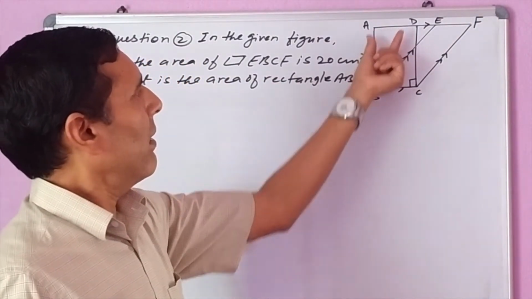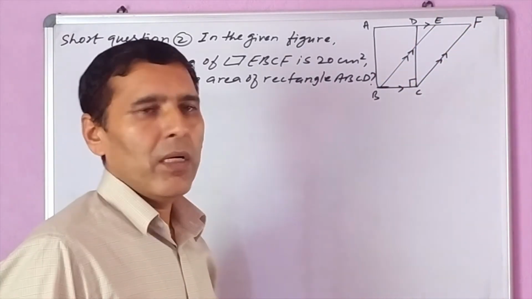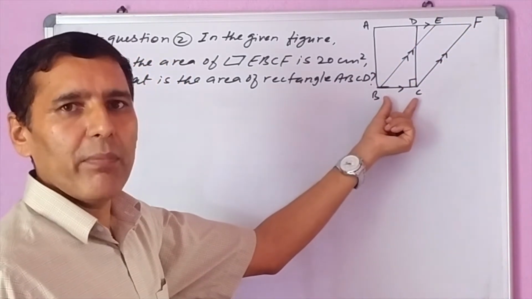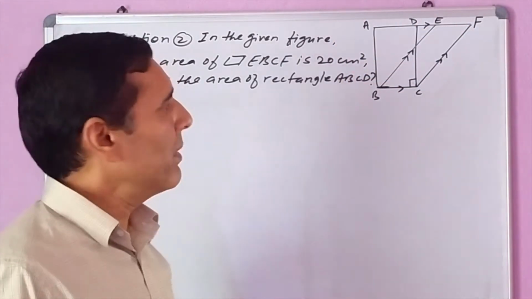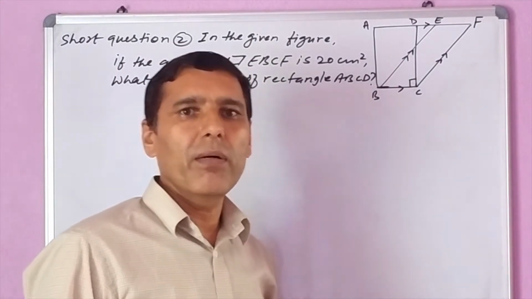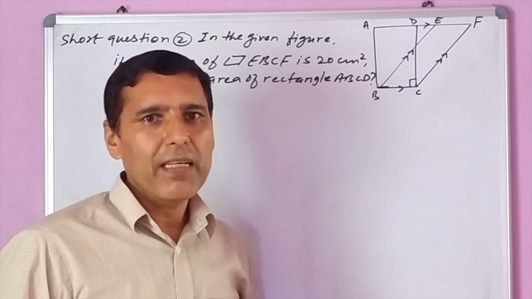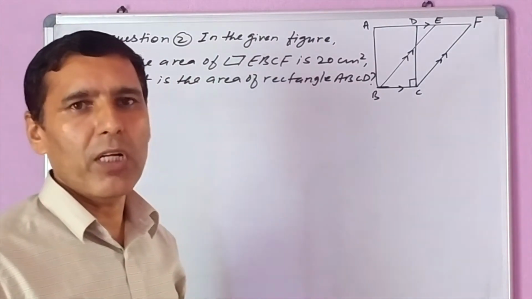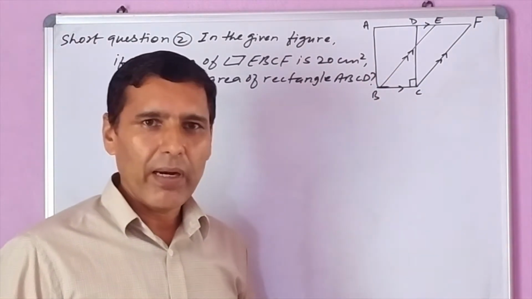Here rectangle ABCD and parallelogram EBCF both are on the same base BC and between the same parallel lines BC and AF. Therefore, their areas are equal, because we have proved the theorem: parallelograms on the same base and between the same parallel lines are equal in area. So don't be confused here. This rectangle is also a parallelogram.